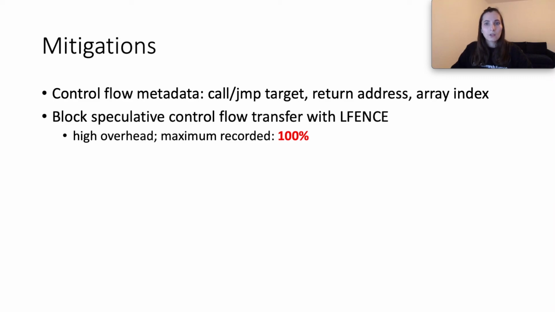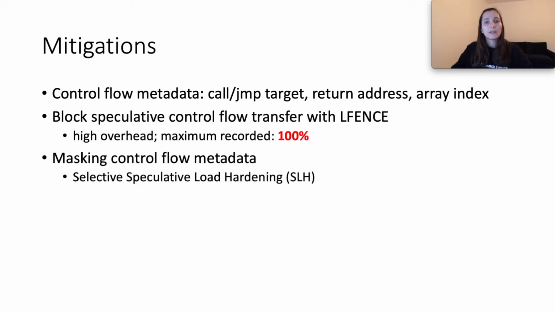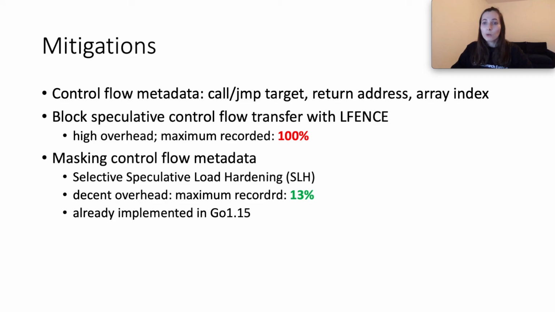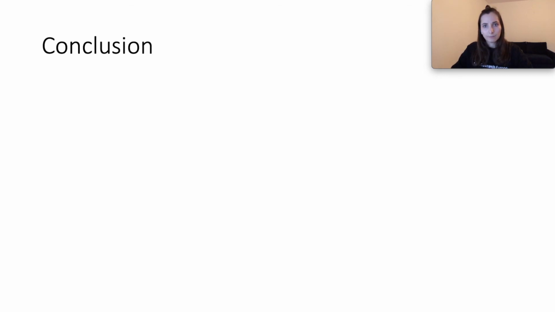In this case, all control flow metadata are masked before control flow transfer. The masking-based mitigation is implemented via selective speculative load hardening. As expected, the overhead recorded is lower than the LFENCE one, reaching a maximum of 13%. As a result of our work, the Go community added support for the masking mitigation in the latest release.